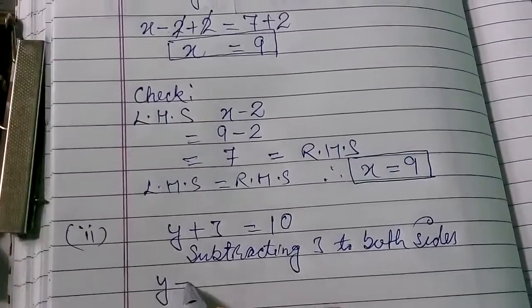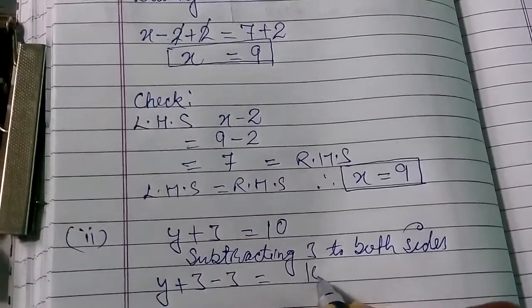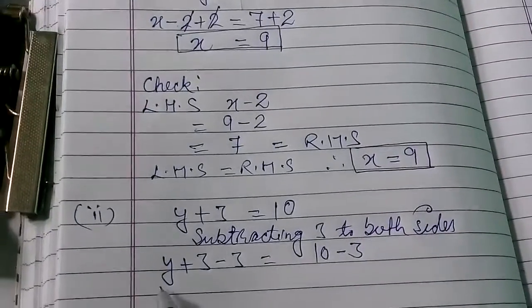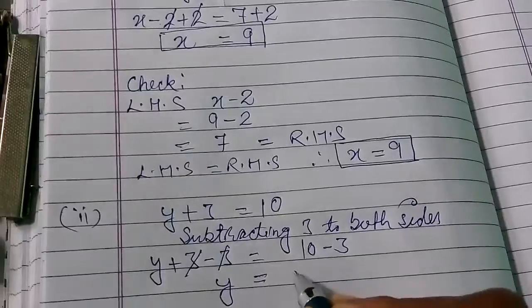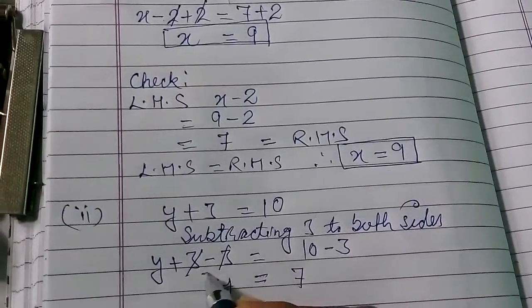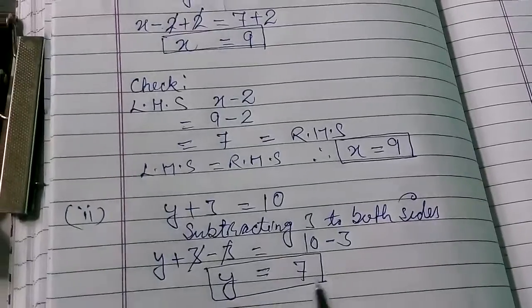So y plus 3 minus 3 is equal to 10 minus 3. So y, this will get cancelled, and I will remain with y is equal to 10 minus 3, which is 7.